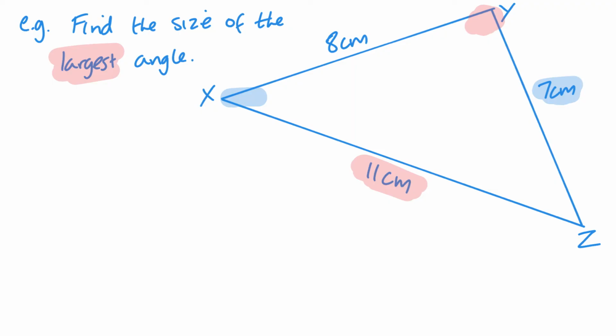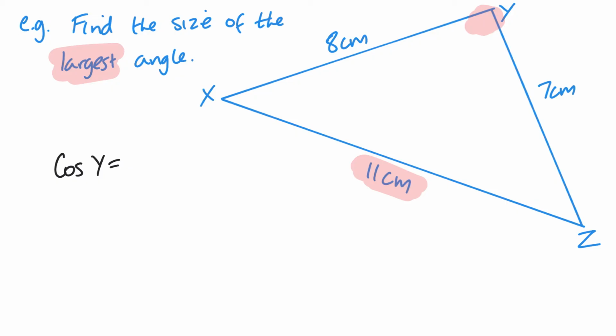Okay, but we want the largest angle, so we're looking at angle y. So cos y, and again, if you're unsure, change the letters into letters A, B and C that you're comfortable with.